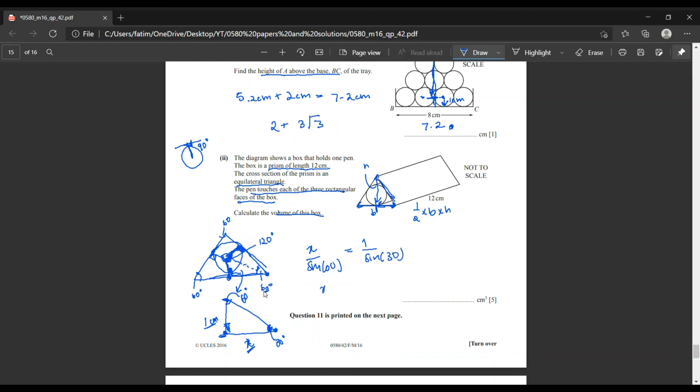So when you solve for x, you get sine 60 upon sine 30, and the value you get is 1.73, but for accuracy on the calculator, it's displayed as root 3.